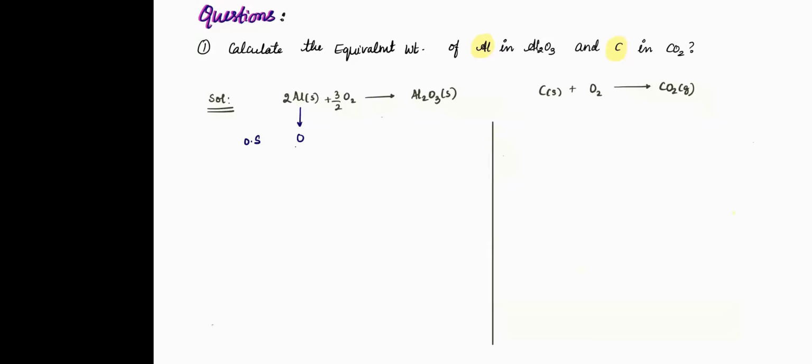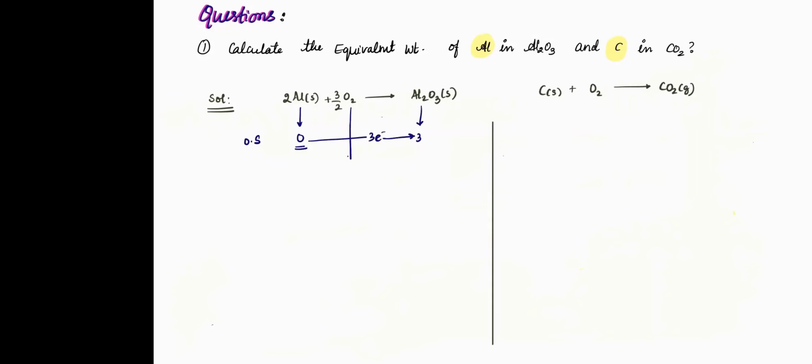Here the oxidation state is 3. So for two aluminums, it is 0 and for two aluminums, it is 6. But we need to check valency factor always for one element, I mean one mole. So you can see for 1 mole of aluminum, there will be 3 electron transfer in this case. So 3 electrons got transferred.